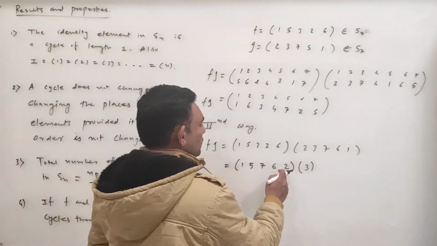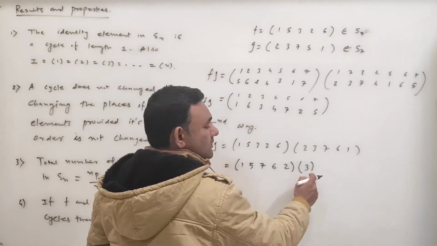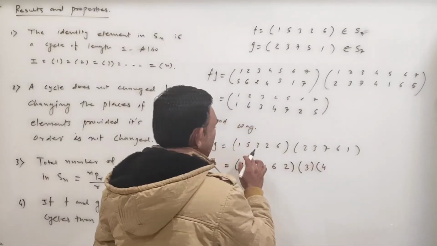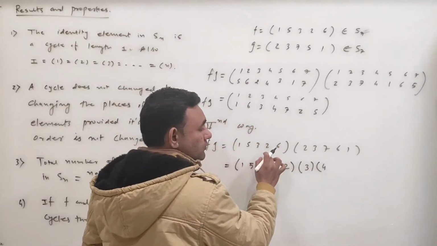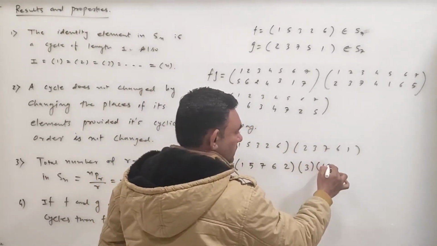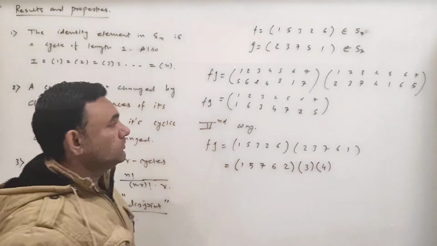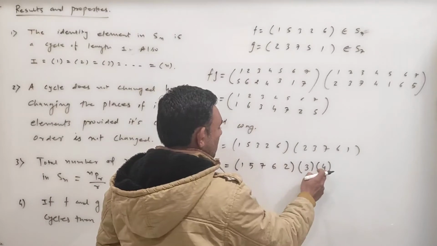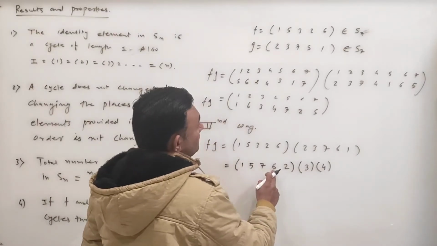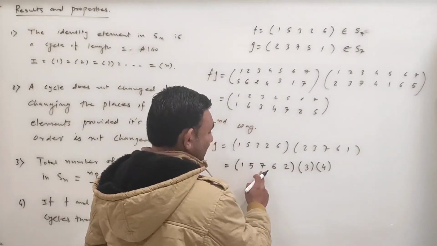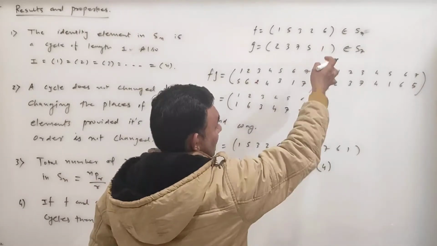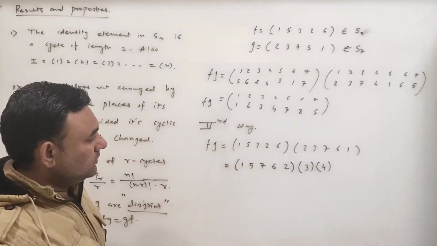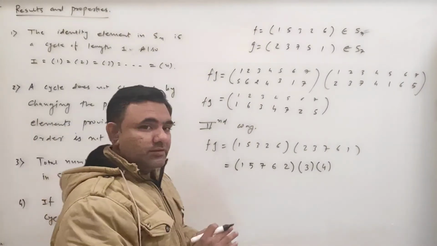Now 1, 2, 3, 4 is missing, so you start with 4. Here 4 is absent, so 4 goes to 4, 4 goes to 4, so stop, right? Now what is missing? 1, 2, 3, 4, 5, 6, and 7. We are working in S7 and all 7 objects have occurred. So we stop here.